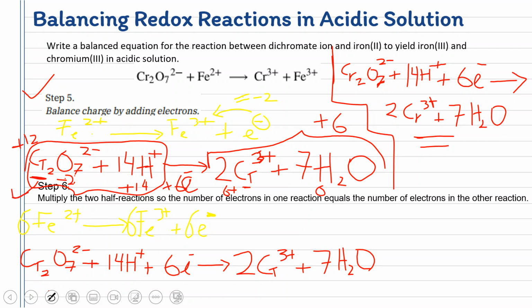If you've not been following, I'm very worried for you because as you can see, it's a long procedure. You need to follow step by step. So let's write this down.